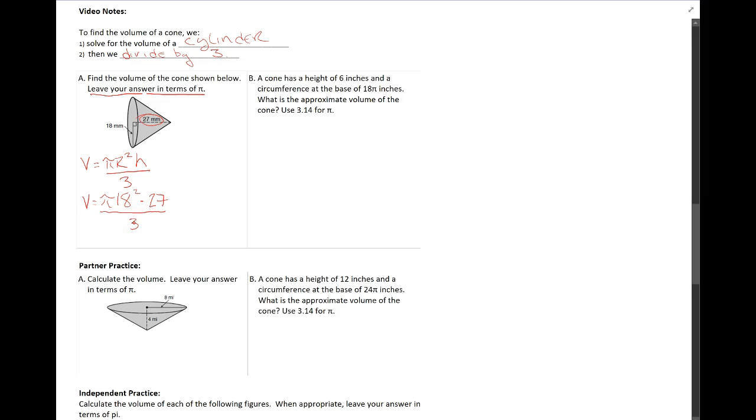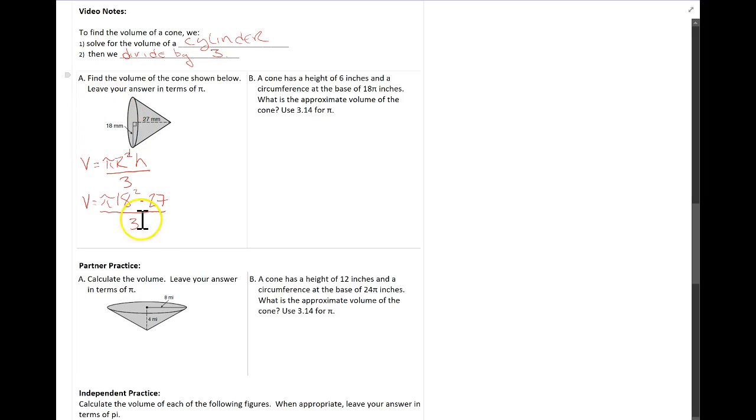Now, something that I want to really quickly address that I saw a lot of yesterday. 18 is the radius here because it is half the distance across the circle. If 18 were actually this, that's the diameter because it's the entire distance across the circle. But in this case, we have 18 as the radius.